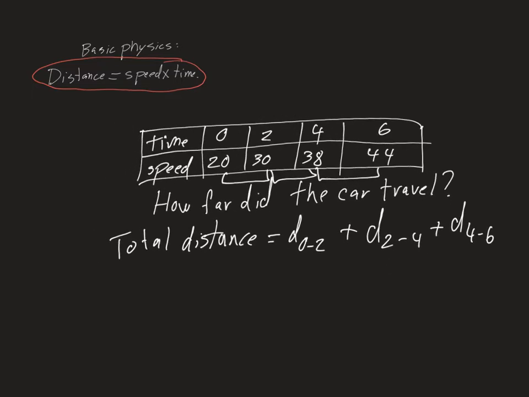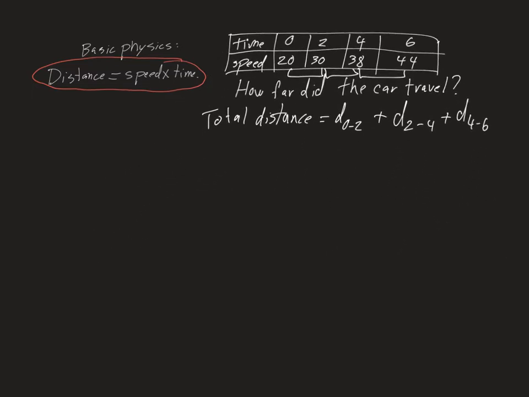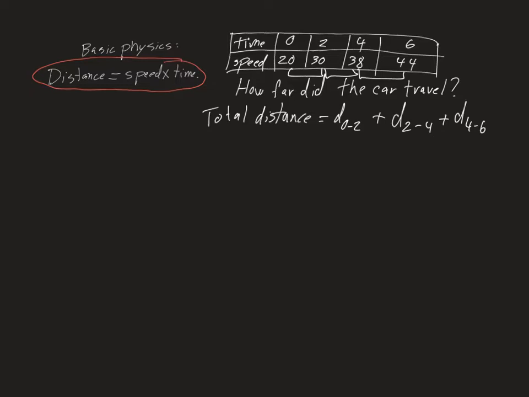Okay. So this is the main idea of our breakdown. And now for each of these 3 distance components here, we're going to use this distance is equal to speed times time formula.